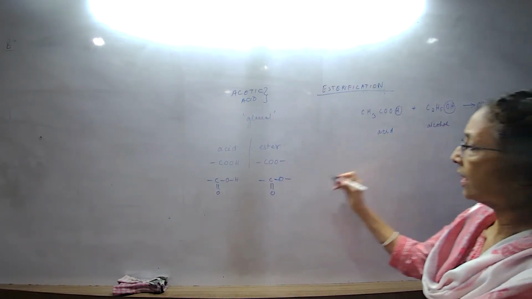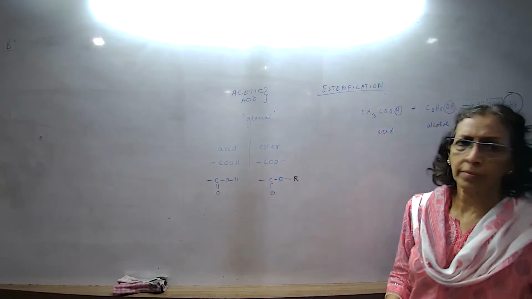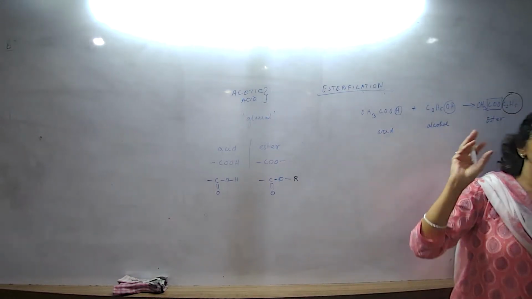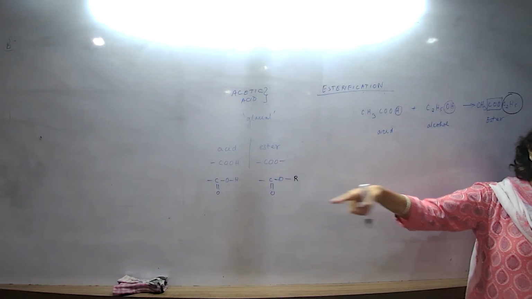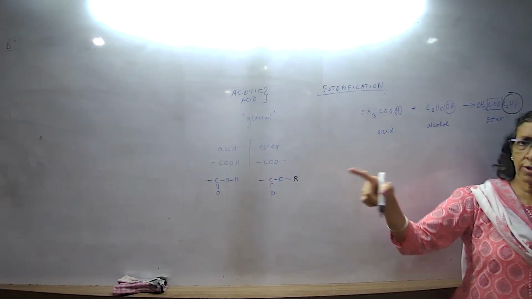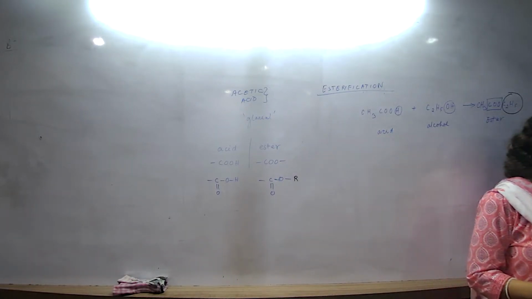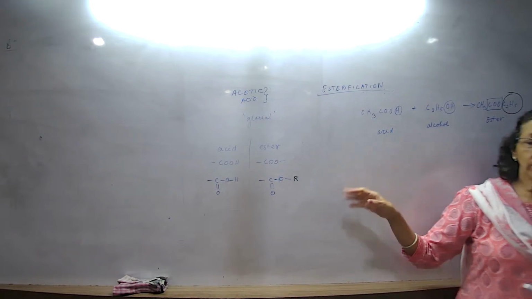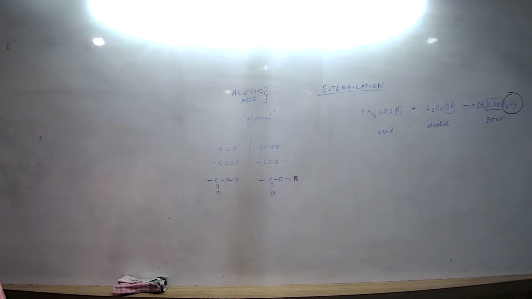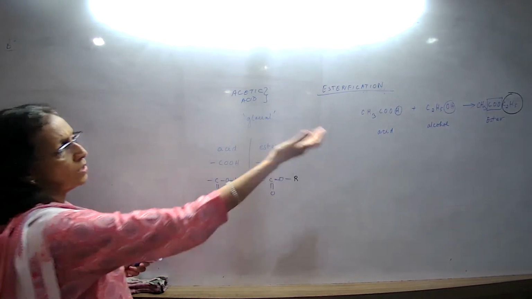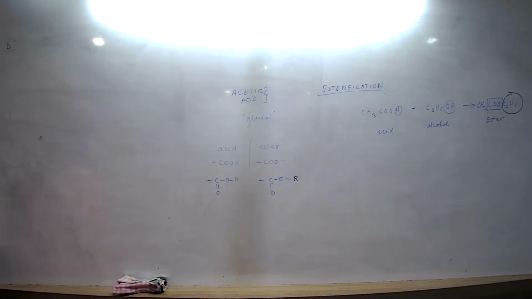R is something else, it's not an H. Write it down, it's not given in your textbook. Refer to these notes when you're studying for your exams or tests, it becomes easy for you to understand. So COOR is your functional group, which is an ester.